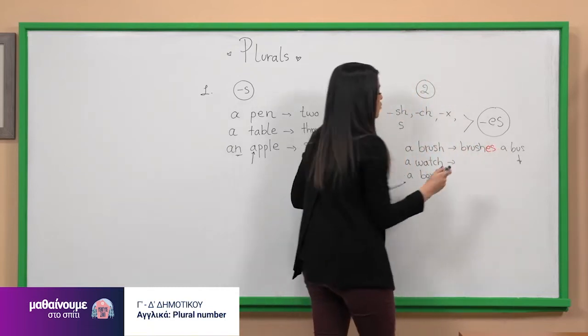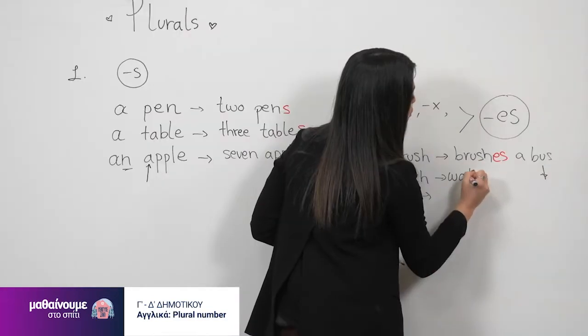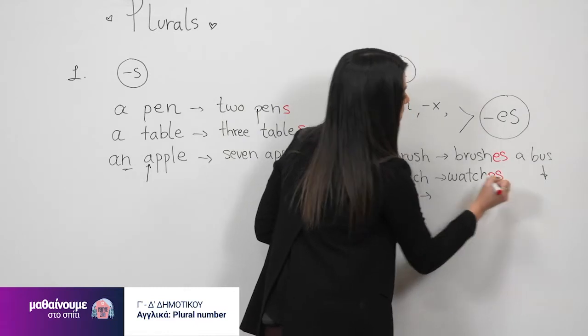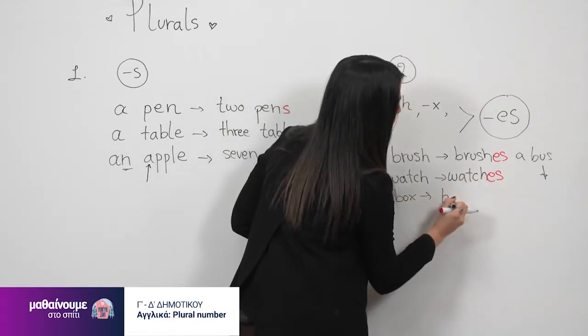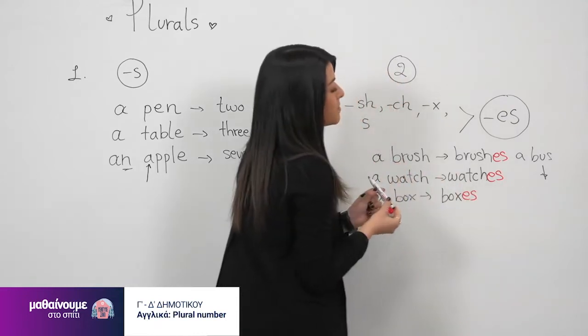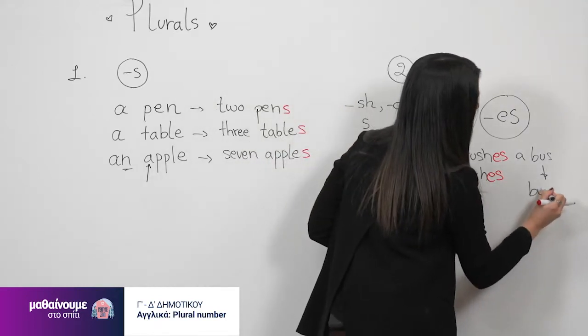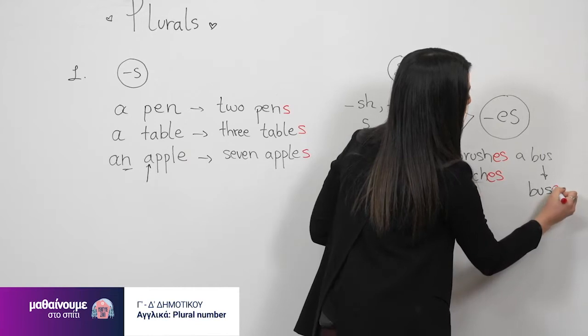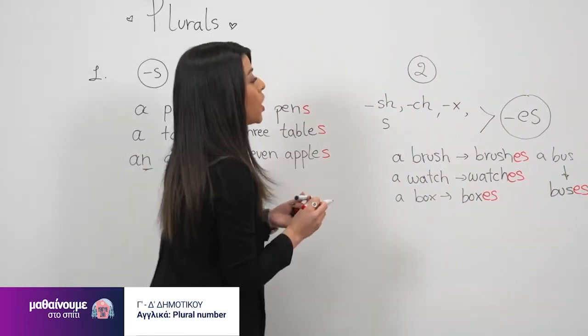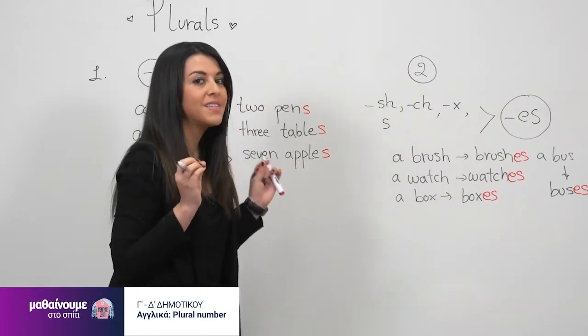A watch, 2 watches. Again, we put ES. A box, 2, 3, 4 boxes. And a bus, 7 buses. Okay? Here, we also have nouns that end in O, but αυτά έχουν κάποιες εξαιρέσεις.